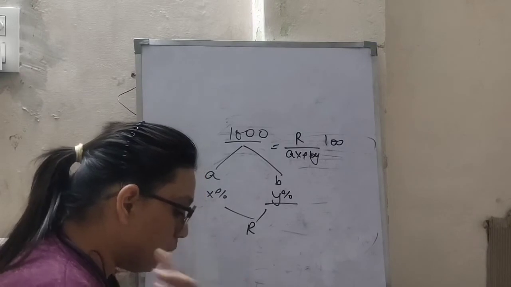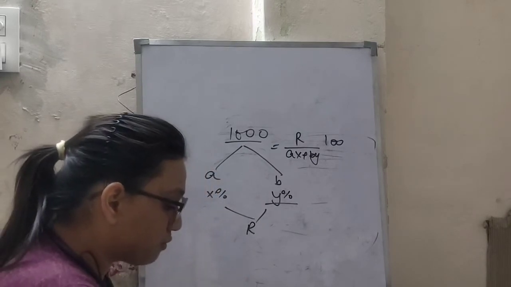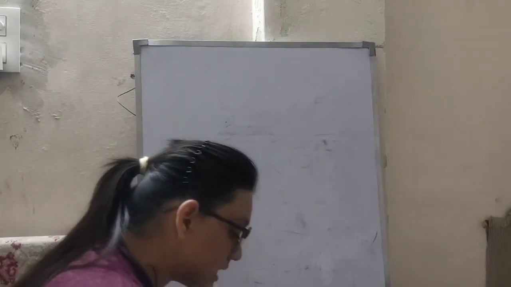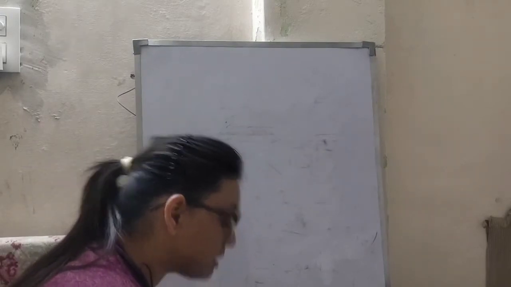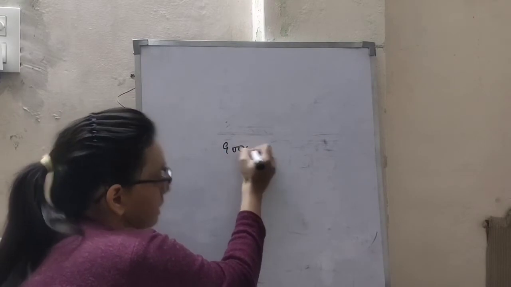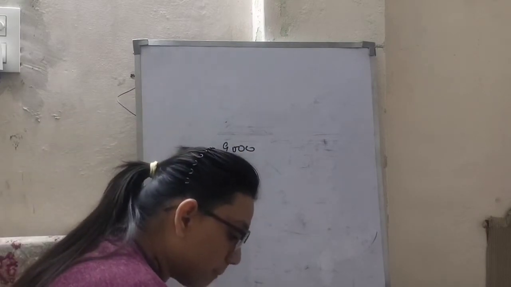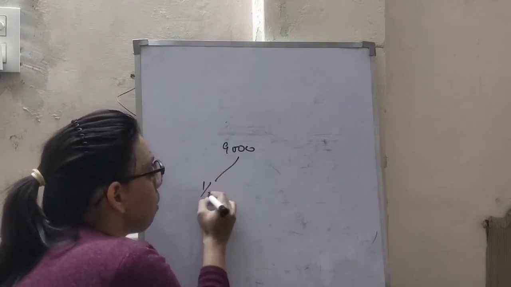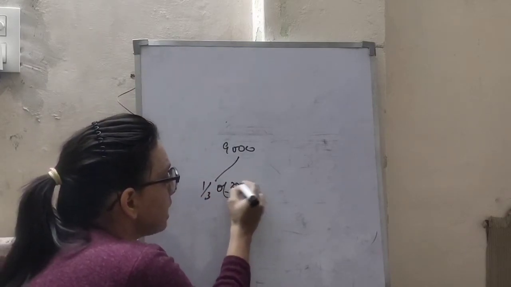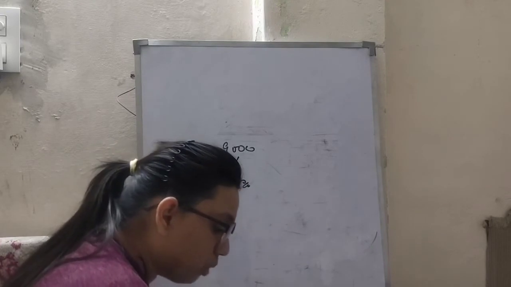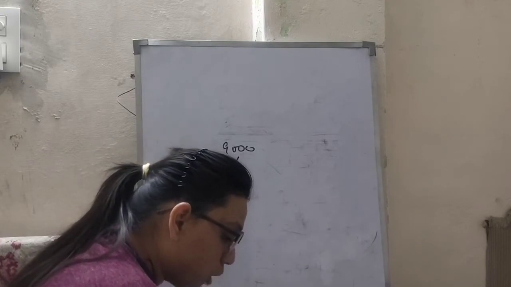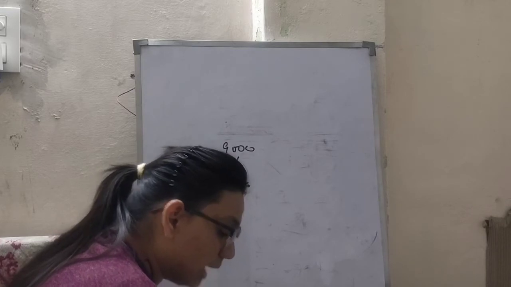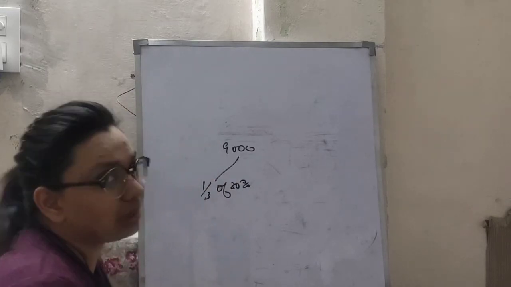Now coming to the next type of special series. Suppose the question says a shopkeeper purchases medicine from a company for 9,000 rupees, and then he sells 1/3 part of the medicine at a loss of 30%, and it asks on which gain he should sell the rest of the medicine so that he has neither loss nor gain.